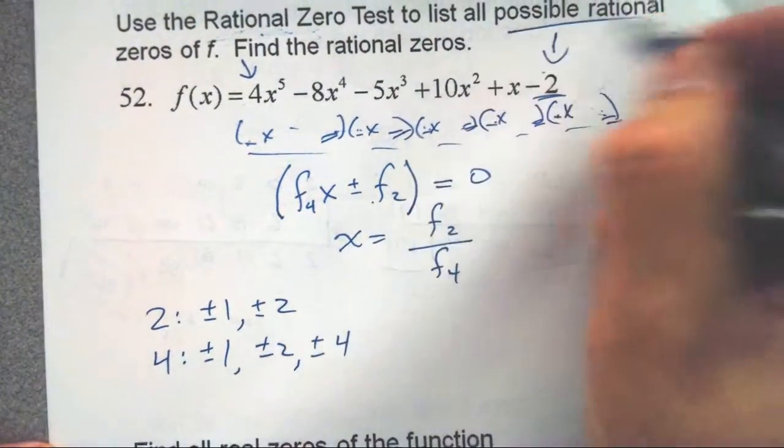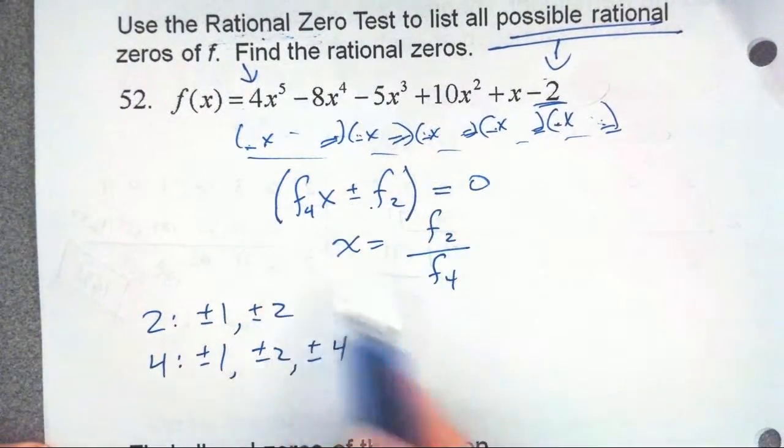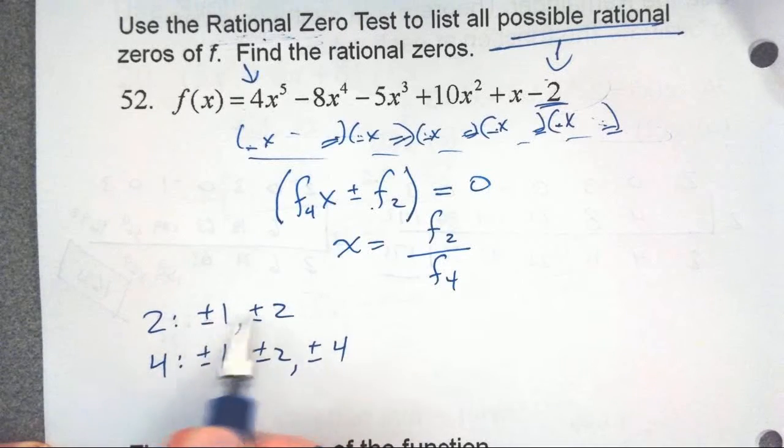So all of my possible rational zeros, ones I can get from nice clean factors, would be any combination of one of these 4 numbers on one of these 6 numbers.